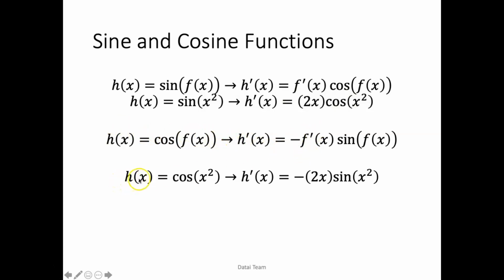Here we have h of x equal to cosine x squared, and we take its derivative, we get h prime of x equals negative 2x, the derivative of this value, times sine x squared. This is all for sine and cosine. The important thing here is not dropping this negative value.